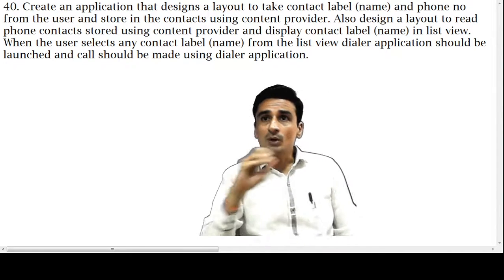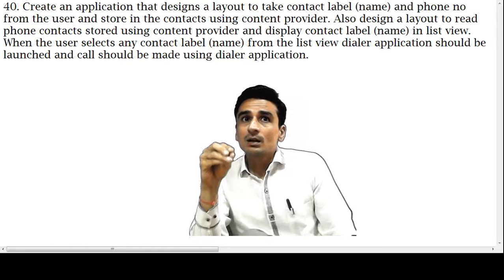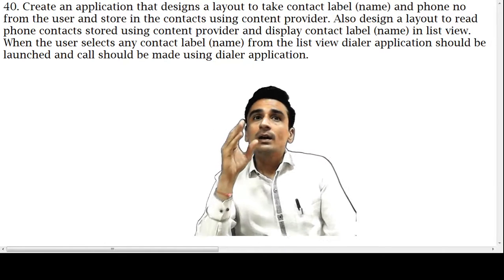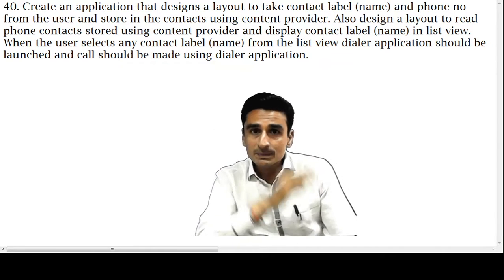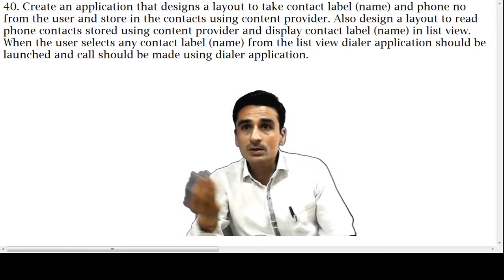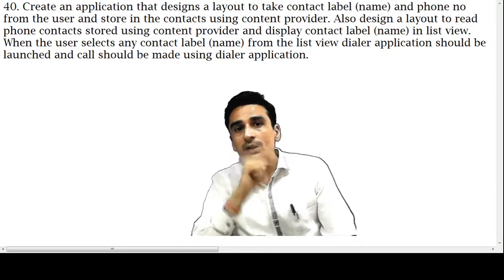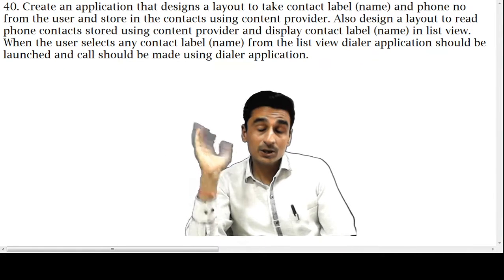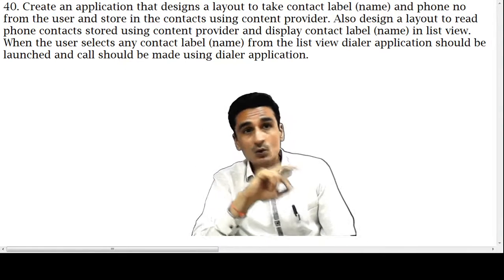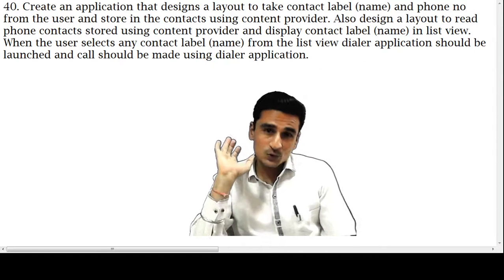So actually we have to read both the things from the contacts table. We have to read the display name as well as the phone number, because when the client clicks on the list view we have to read the phone number and put that phone number in the dialer application. So here again we have to do that complex task also.